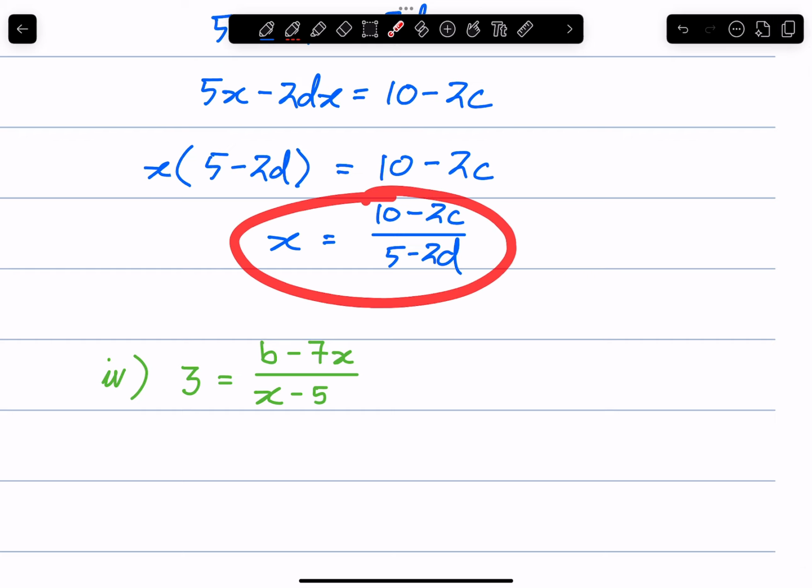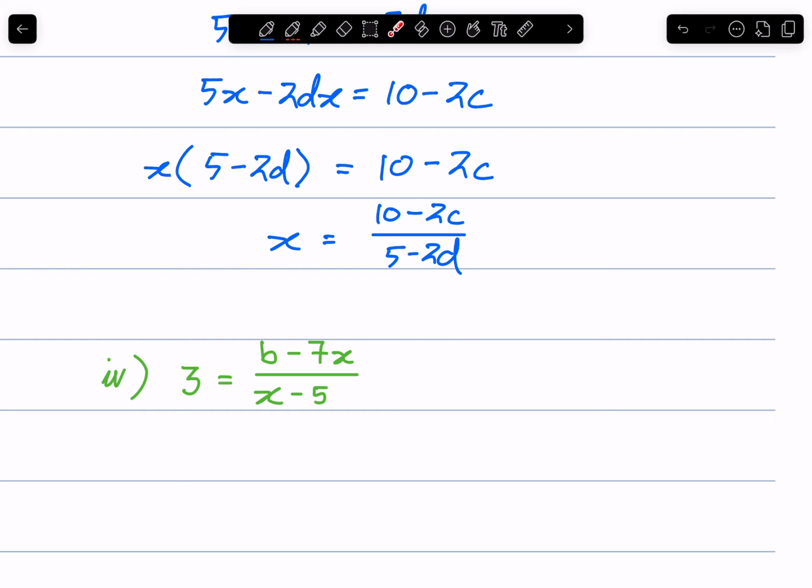Now, at this step, this is a completely acceptable answer, but you might see this occur sometimes, where we can factor out a -1 from the 10 and -2c. So it's going to be negative, 2c minus 10 over. And likewise with this, we can factor out a -1 from here, so negative outside of 2d minus 5.